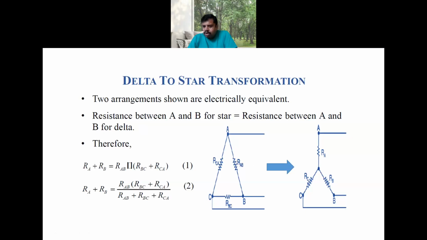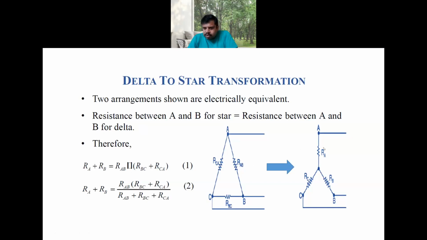Then what is the equivalent between A and B? Since nothing is connected to the C terminal outside, RBC and RCA will be in series. Then that series combination will be in parallel with RAB. That is indicated here, the right-hand side of the first equation.